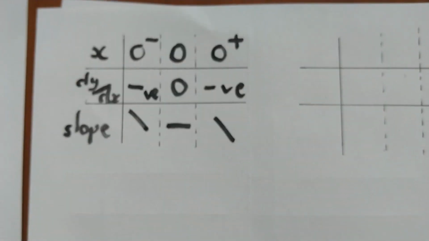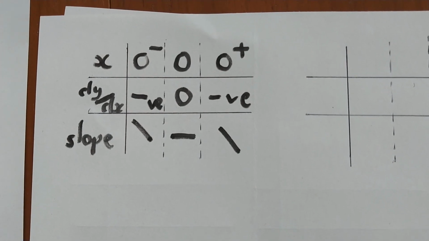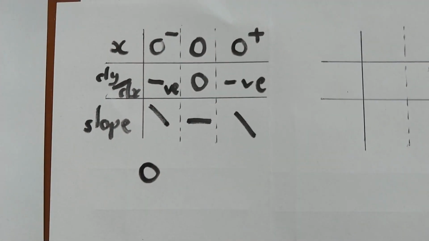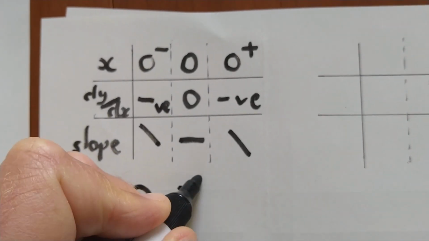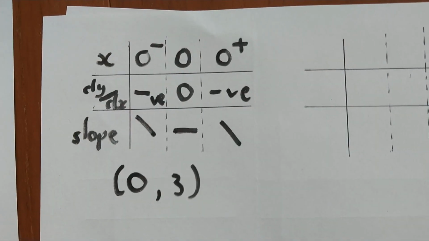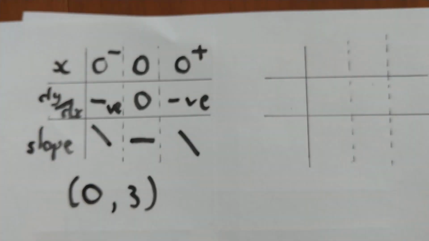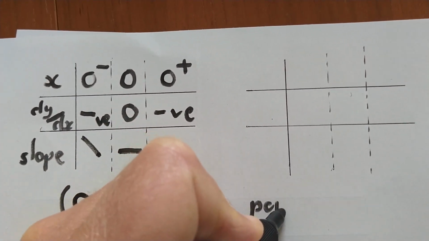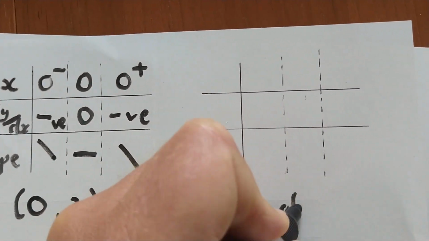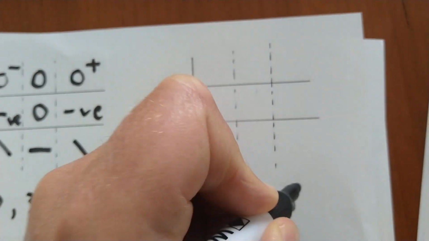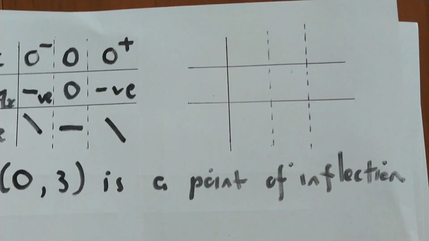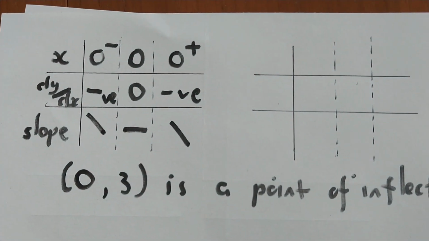That's a point of inflection. When x was 0, we've already said that was the point (0,3) when we worked out the y-coordinate. So we have to state that (0,3) is a point of inflection. That's the nature of the stationary point (0,3).